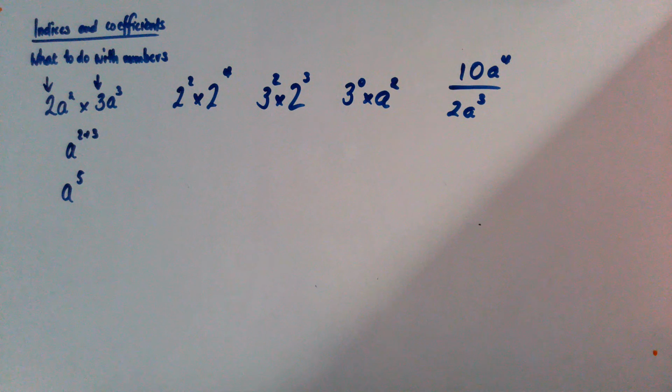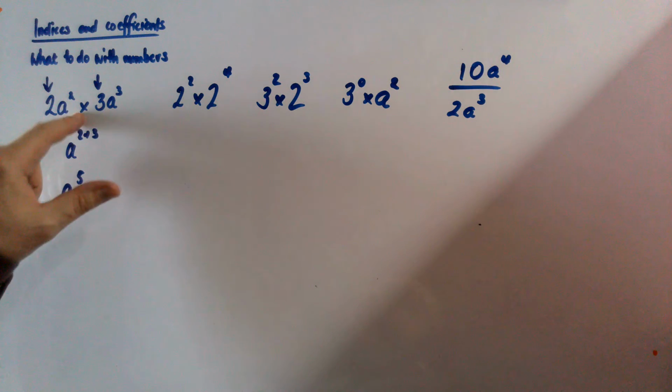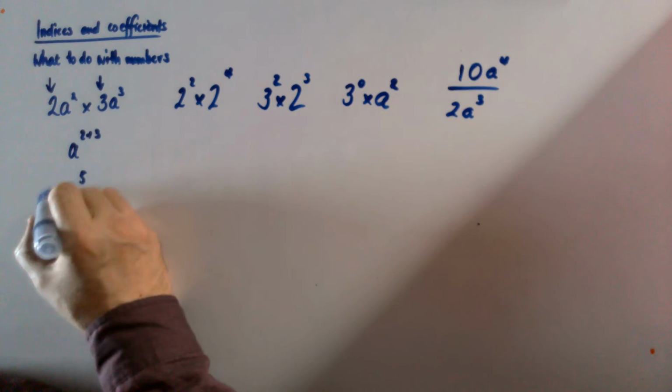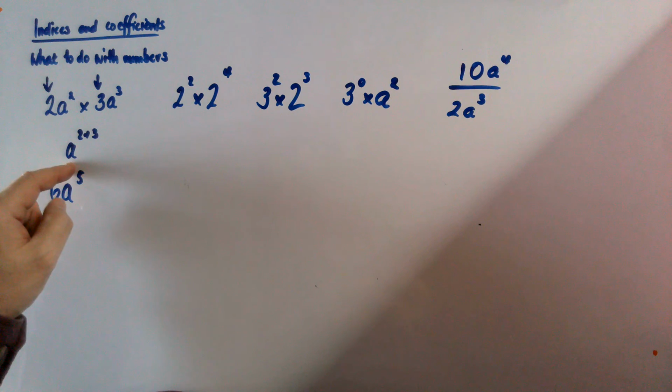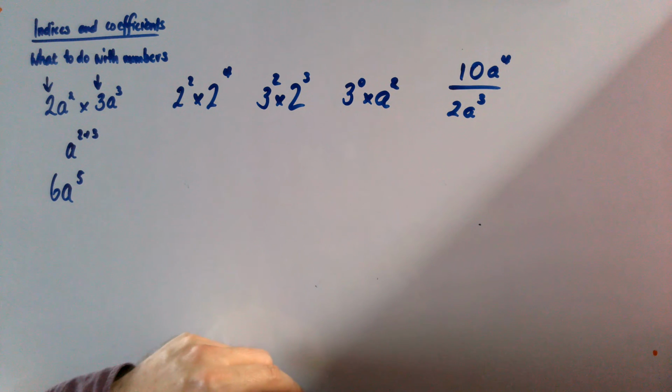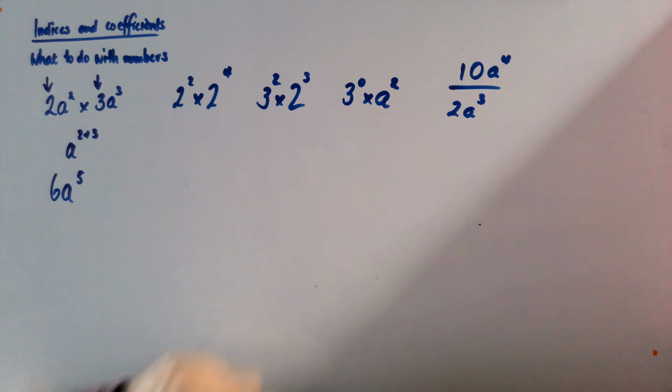I've got a number question, so in this case it's going to be 2 times 3, which gives me the answer 6. And then I've got this index question here, which means I just add our two indices. And so you can see quite clearly here that 2a to the power of 2 times 3a cubed is equal to 6a to the power of 5.